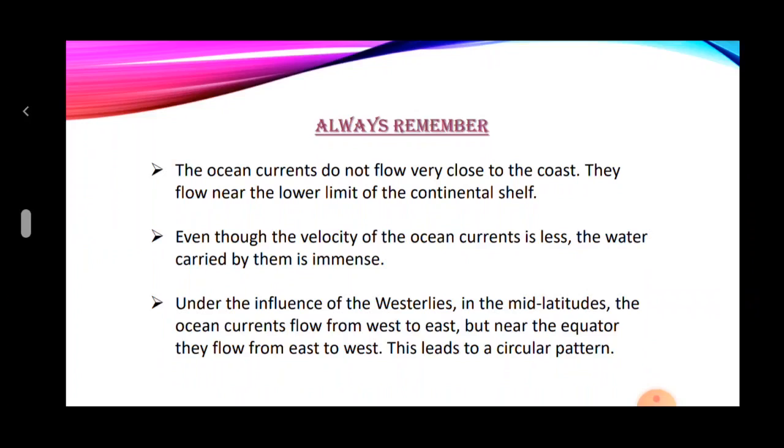Under the influence of the westerlies, in the mid latitudes, the ocean currents flow from west to east, but near the equator, they flow from east to west. So this leads to the circular pattern of the ocean currents, and for that you can refer to figure 5.4, which is on textbook page number 31.